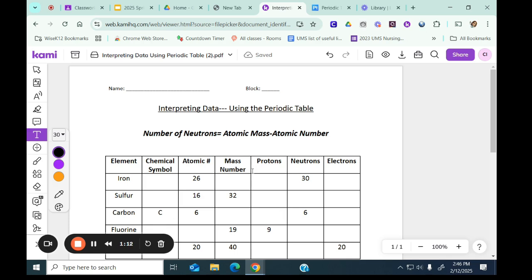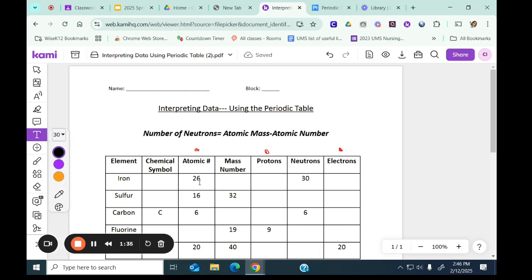Okay, so if we are looking at the atomic number 26, the atomic number, the number of protons, and the number of electrons are all going to be the same. So protons, atomic number, and electrons are going to be the same.